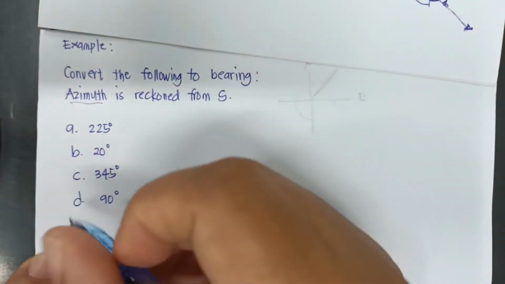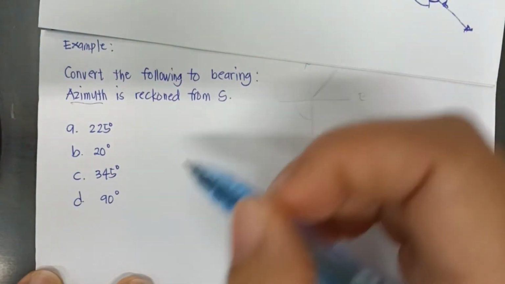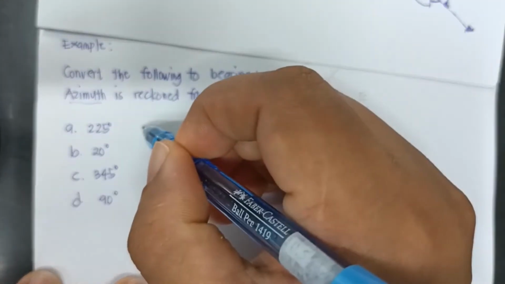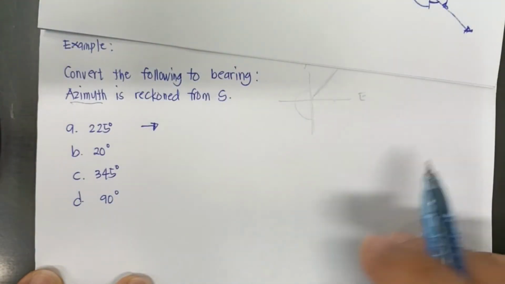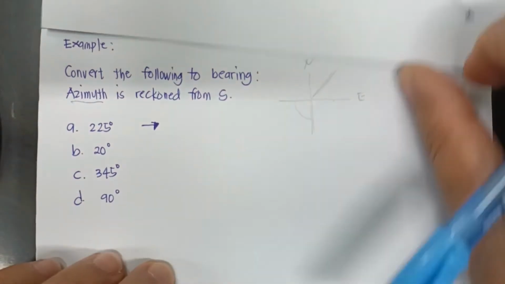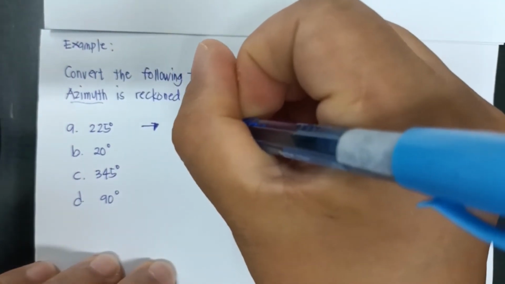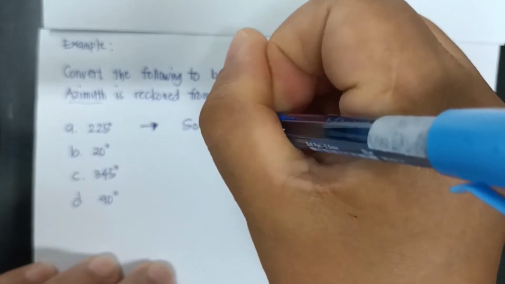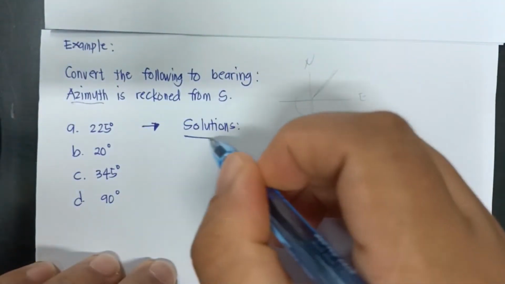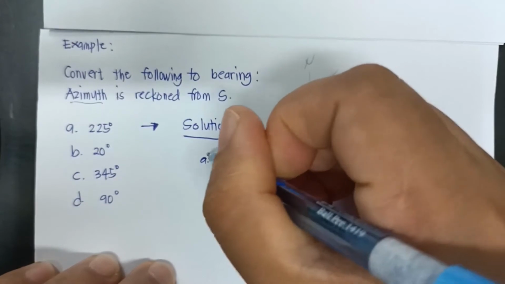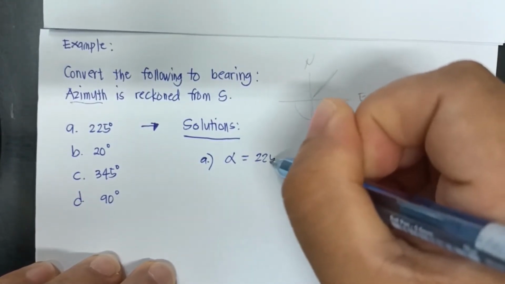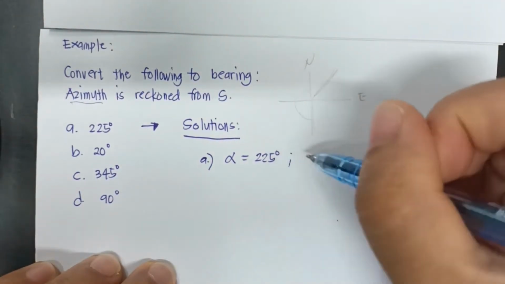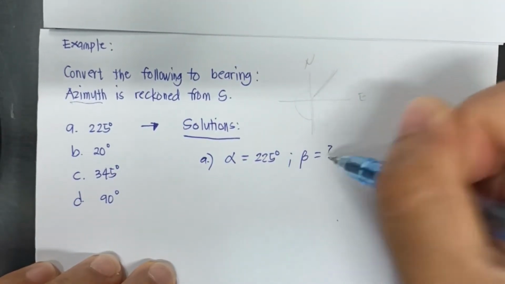Let me write the solutions. For letter A, alpha is equal to 225 degrees, and we are asked to solve beta, the bearing.